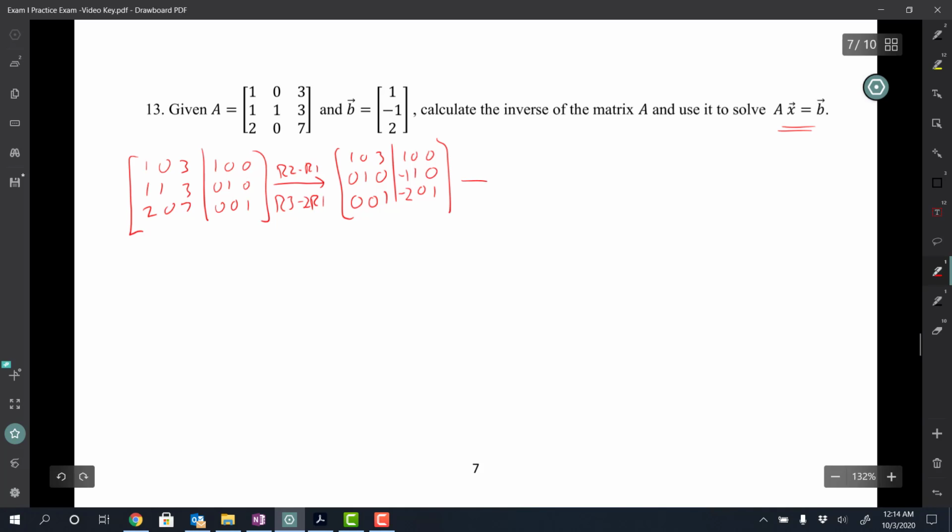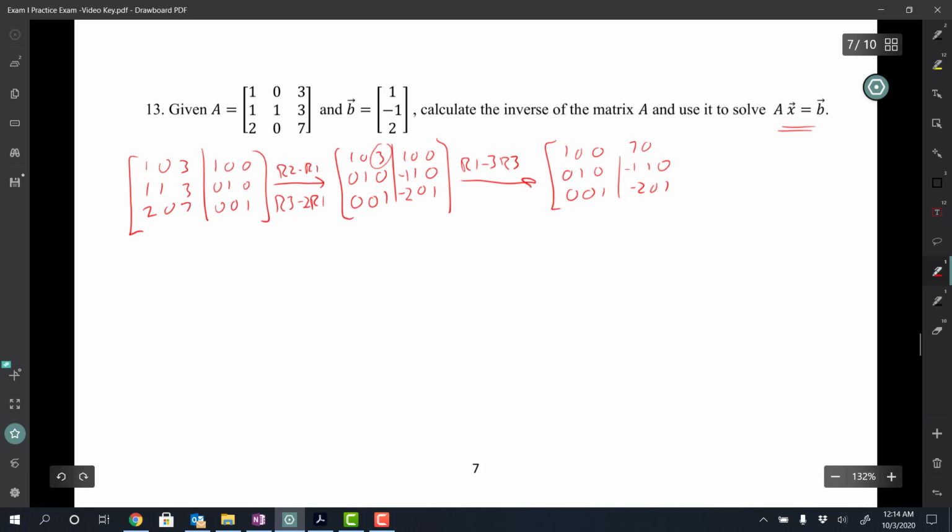One more row operation step, it looks like. I need to get a 0 in this position right here. So I'm going to take R1 minus 3 times row 3. Row 3 will stay the same. Row 2 will stay the same. Row 1 becomes 1, 0, 0. 3 minus 3 times 1. 1 minus 3 times negative 2 is going to be 7.